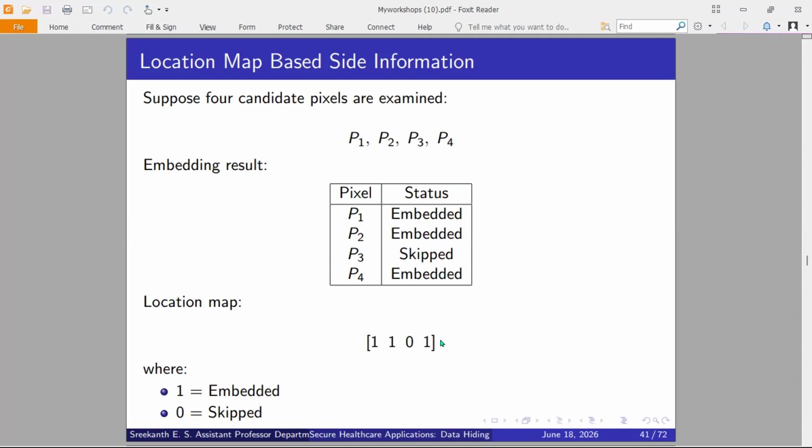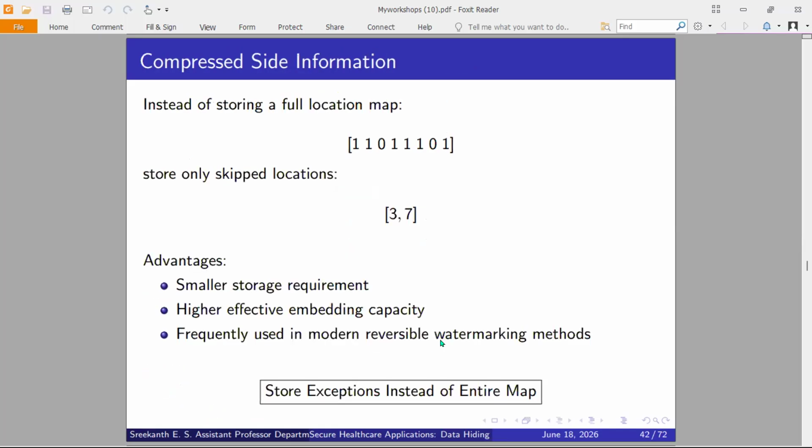That normally occurs in medical images mainly. So you can easily compress the location map and send it to the receiver.